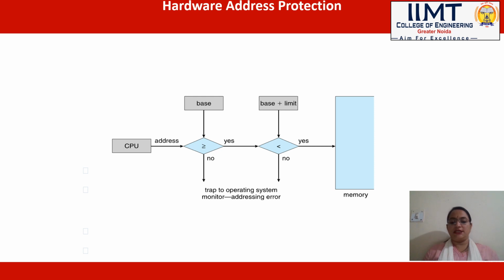If the logical address is greater than or equal to the base register value, then it will be compared with the base plus limit value. If it is less than that, it will be mapped to the main memory. Otherwise, it will trap to the operating system or generate an addressing error.